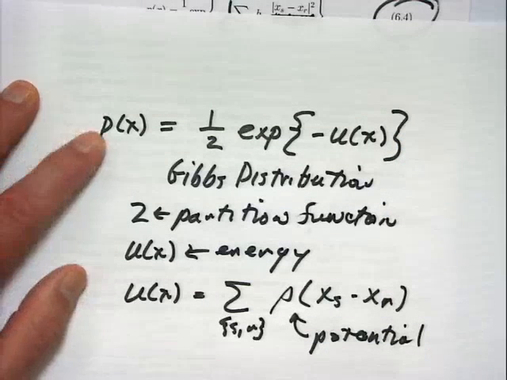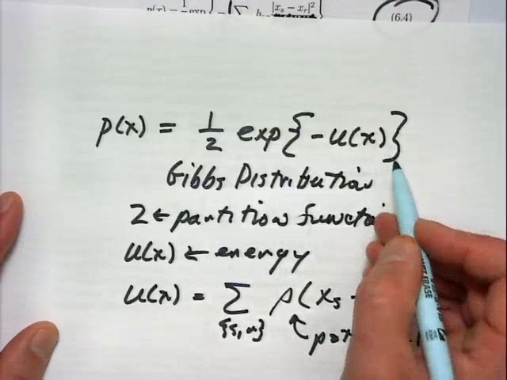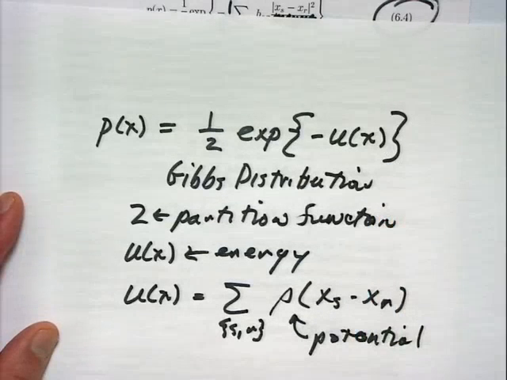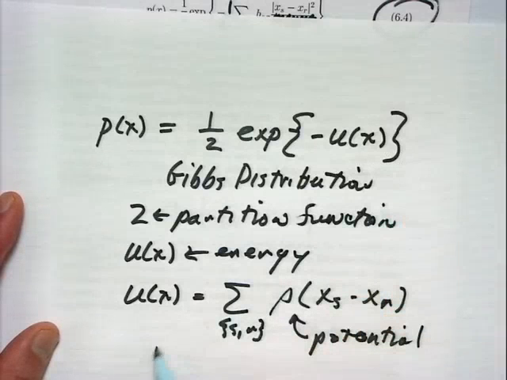Later on in my notes, I have an appendix that shows that the distribution, we call it the Gibbs distribution, but in physics they also call it the Boltzmann distribution.